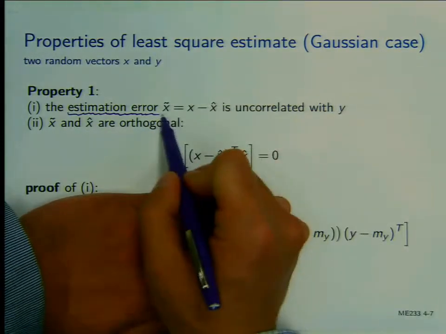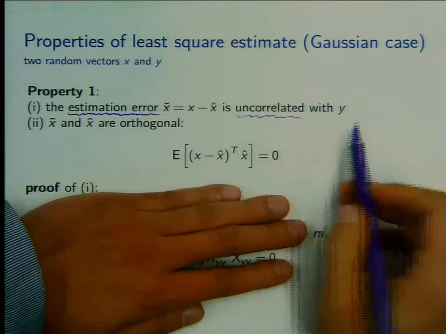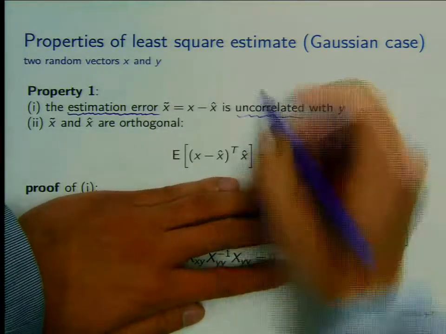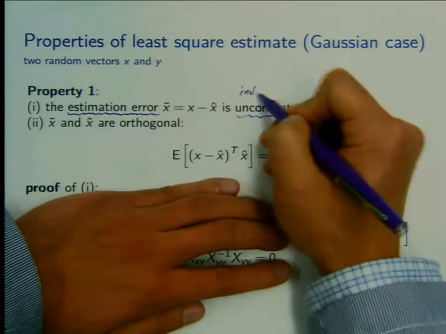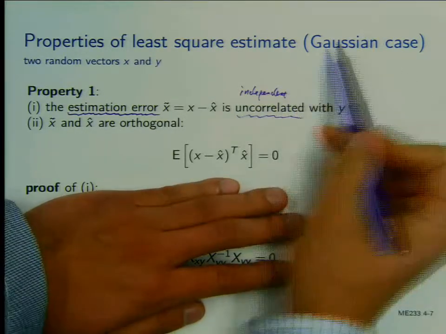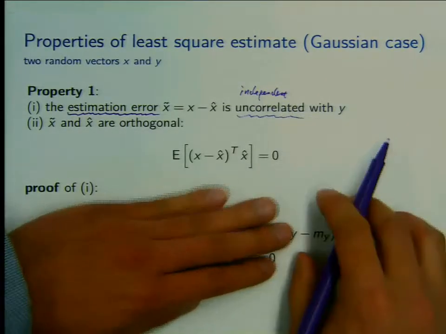First of all, the estimation error is going to be uncorrelated with y. And because it's Gaussian, this also means we can easily replace it with independent, but only for the case of Gaussian. If it's not Gaussian, we cannot easily replace these two.